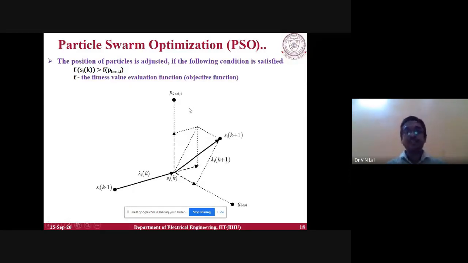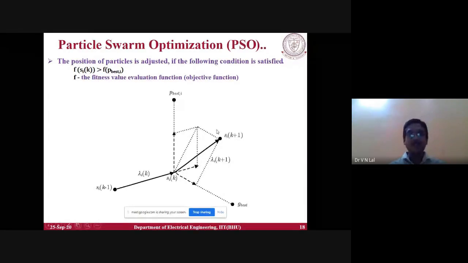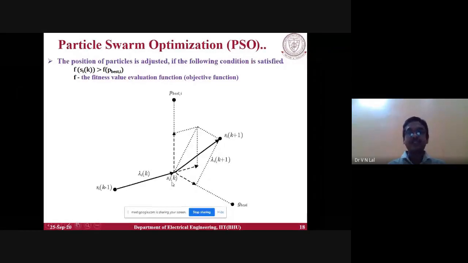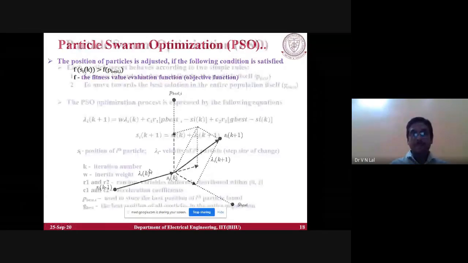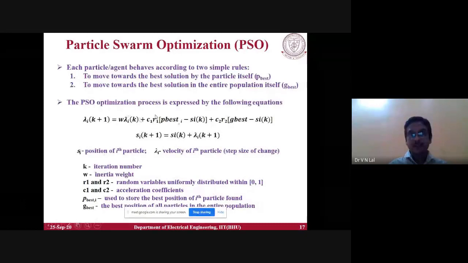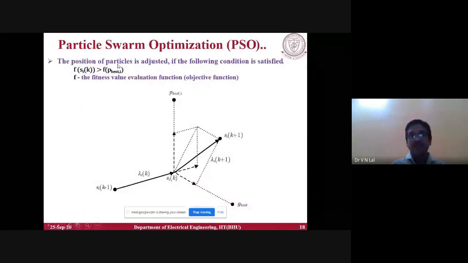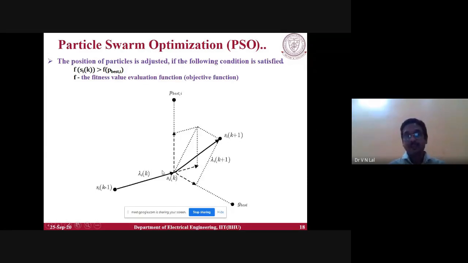Now this is the trajectory showing the PSO movement of a particle. So Sk is the present position, Sk minus 1 is the previous position, lambda Ik is the present velocity. So the present velocity, and the differences with P best and G best, these three factors have a role in the movement of this particle from Sik to Sik plus 1. Okay, so lambda Ik multiplied by W is this one.